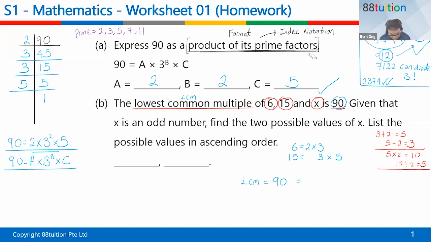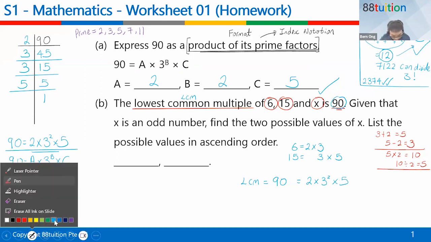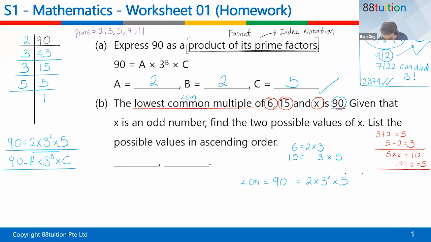And you found out that it is 2 times 3 squared times 5. Can you see or not? So these are the information that you have. Those in blue color are the information you have. Are you okay?